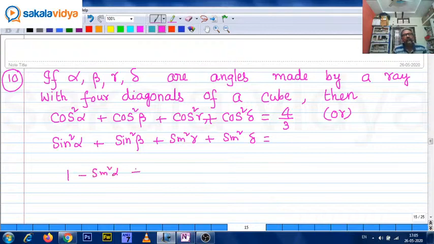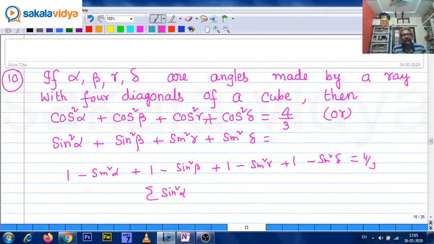So 1 minus sin square alpha plus 1 minus sin square beta plus 1 minus sin square gamma plus 1 minus sin square delta equals 4 by 3. Now sum of sin square, taking that side, 4 minus 4 by 3, that will be 8 by 3. So write down, this is 8 by 3.